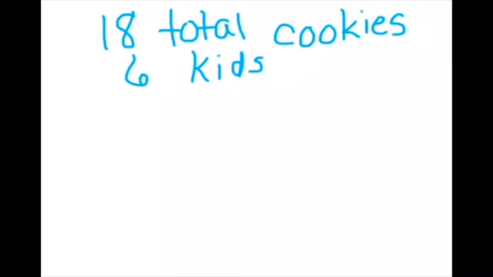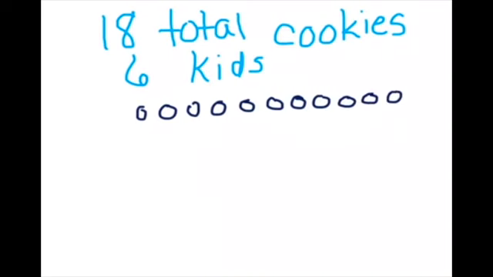So 18 cookies is what I have. So I'm just going to draw out my cookies like this. Okay, they can be like little cookies. So far, 5, 6, 7, 8, 9, 10, 11, 12, 13, 14, 15, 16, 17, 18. Okay, that's 18 cookies.